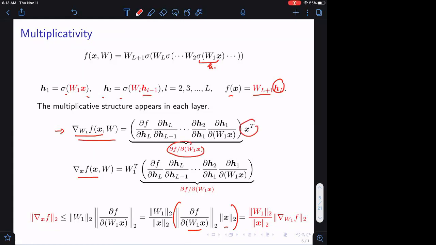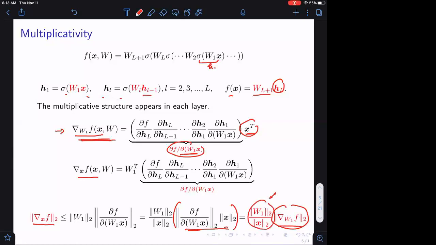So when I vectorize it, the norm of this term is in fact equal to the norm of this term multiplied together. Therefore, this term is exactly the same as the W1 gradient. What you see here is that I can bound the gradient in X by the gradient in W1, as long as I'm willing to multiply by this factor here.